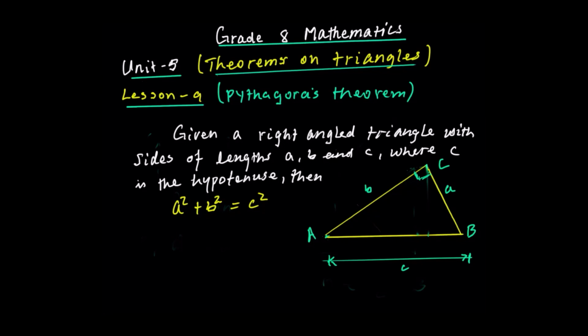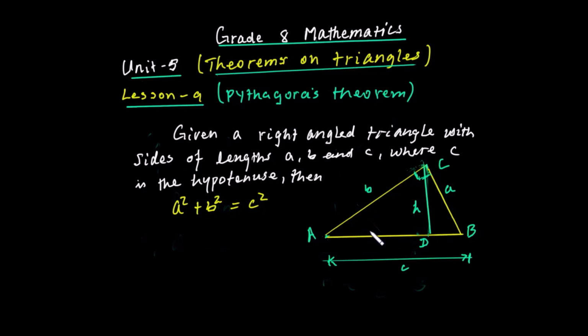Let me first draw the altitude. The altitude is drawn from vertex C on the hypotenuse AB, say at D. We usually call the altitude h. The segments along the hypotenuse, you can call them x and y, or m and n.